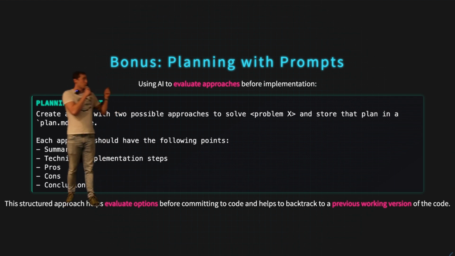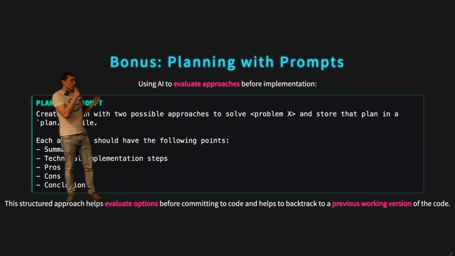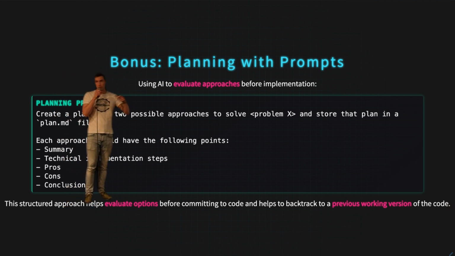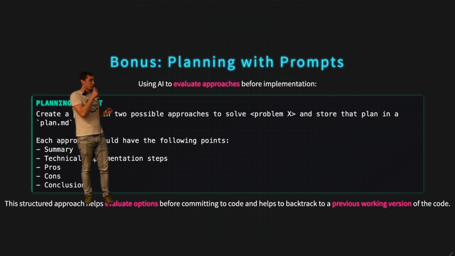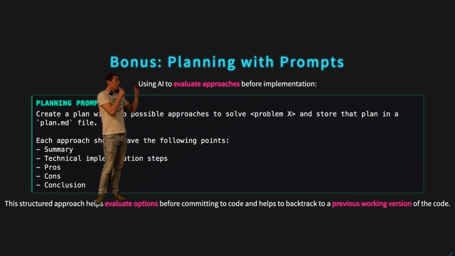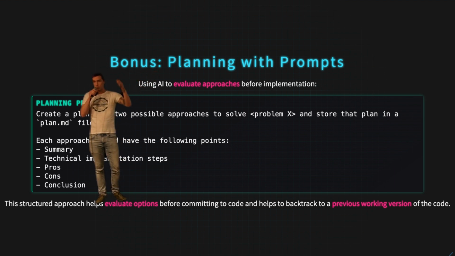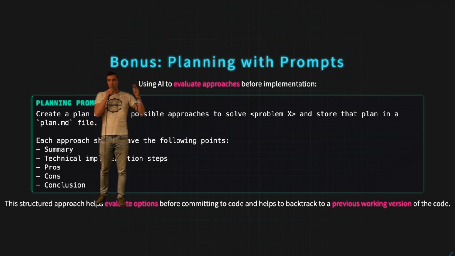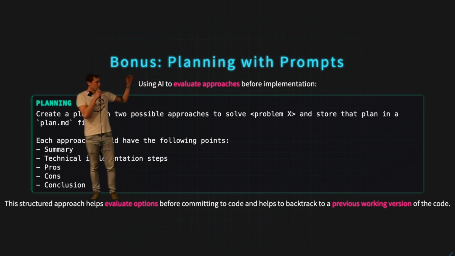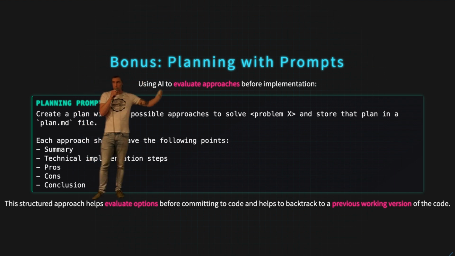This is just a bonus prompt that I wanted to leave here, and the slides will be available later, so you can also check this later. If you ask the AI to create a plan to solve some problem and to come up with 2 different approaches and document them in a file, you can then ask the AI to explicitly state what the approach will be: technical aspects, pros, cons, conclusions.